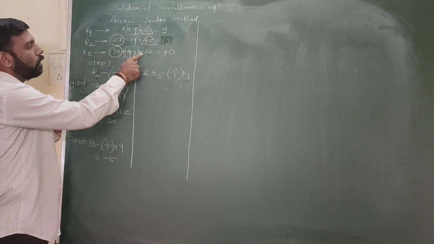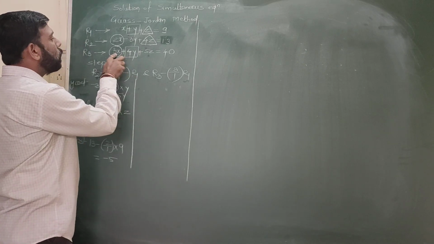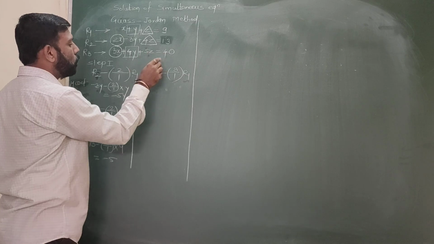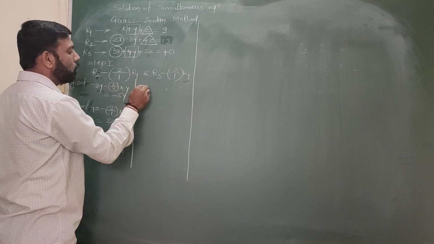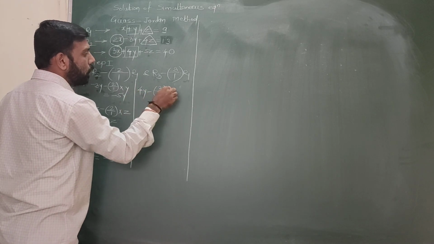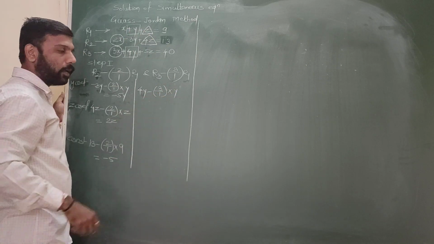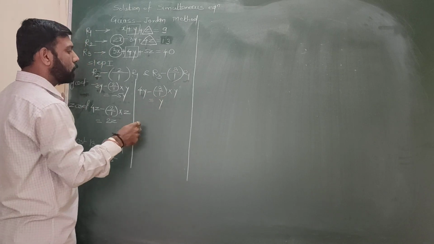Similarly, for R3, the third equation, this becomes 0. What will be the coefficients of y, z and the constant? For the y coefficient in the third equation: 4y minus 3 by 1 into its R1 y, which equals y.